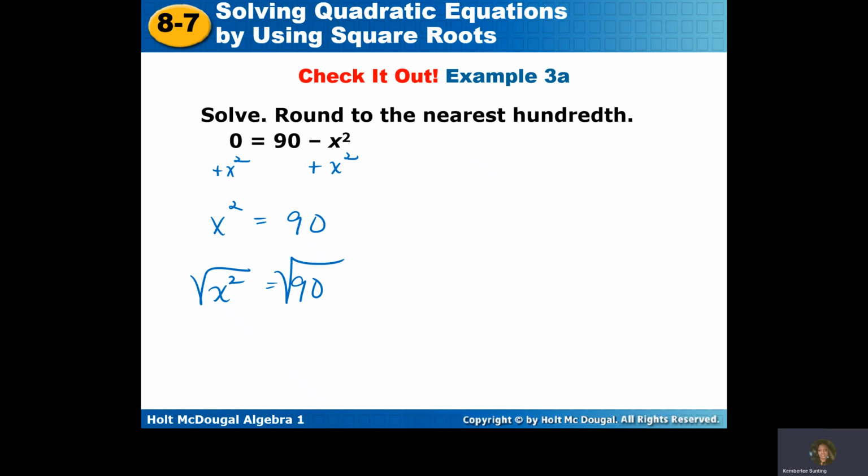So I think the final answer would be x equals plus or minus 3 root 10. Pretty simple, cut and dry. Just a different variation there.